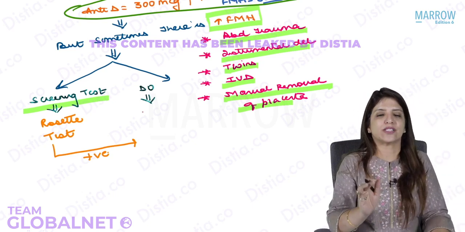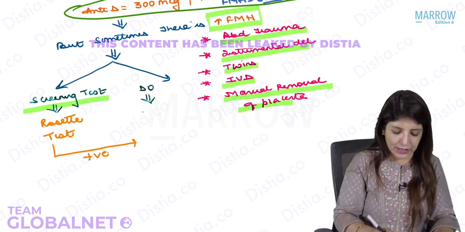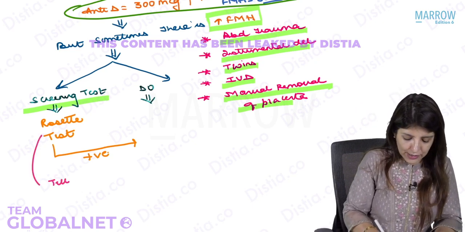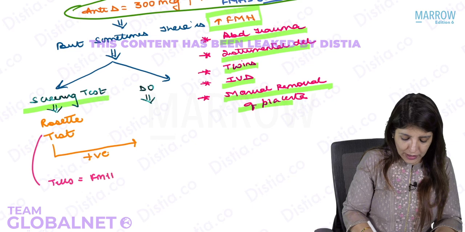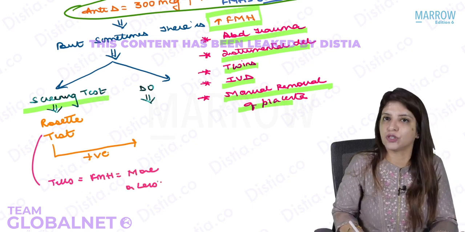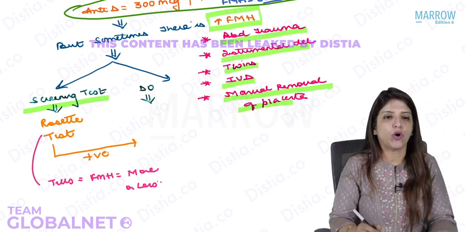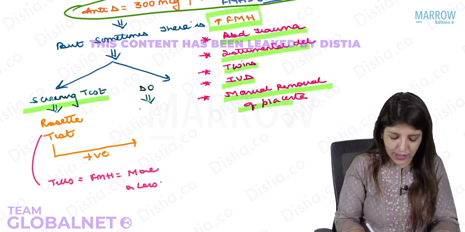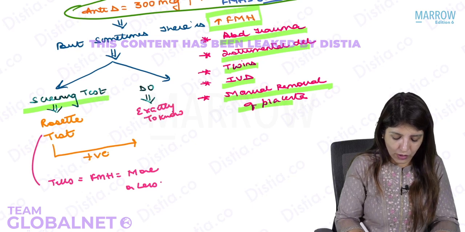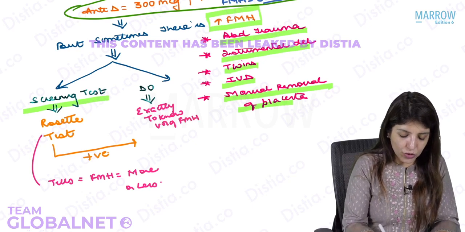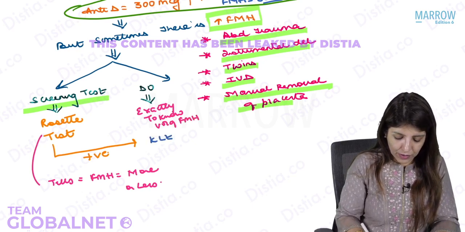Rosette test is just a screening test, it tells whether feto-maternal hemorrhage is more or less. It simply tells you this much, right? Now, if you want to know exactly how much is the feto-maternal hemorrhage, exactly to know the volume of feto-maternal hemorrhage, the test which we do is Kleihauer-Betke test.